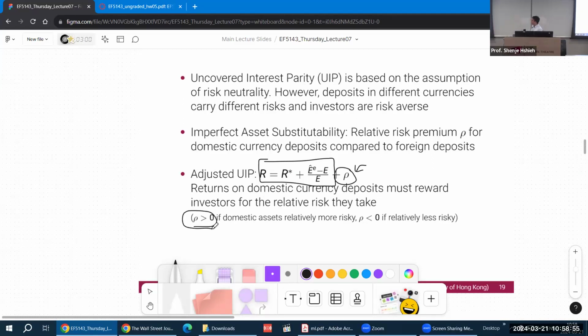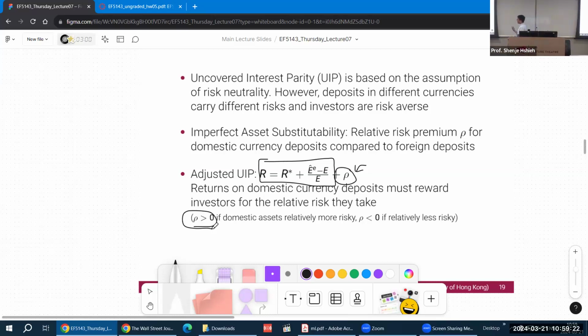If rho is positive, the investor that puts their money in the domestic bank account requires additional returns on top of R star plus E hat minus E over E, because the likelihood of default of that country is relatively higher than its trading partner, in which case rho should be positive. Okay, makes sense? So it's an additional risk factor.